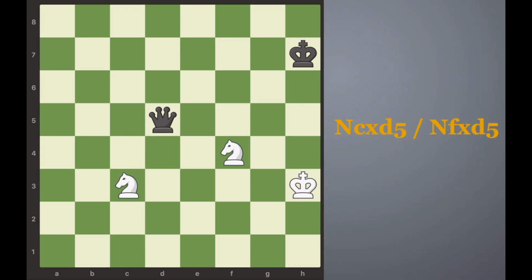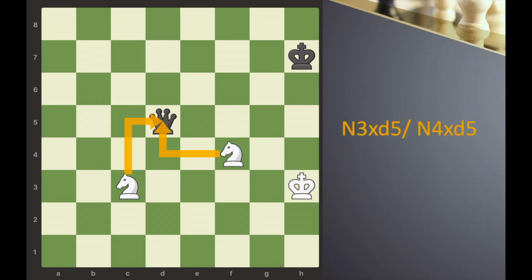So these are the different ways to write the notation in chess. Usually file takes precedence over rank. Here we can use file instead of rank, but practically you can use both. So we can also write the notation as N3 cross d5 or N4 cross d5.